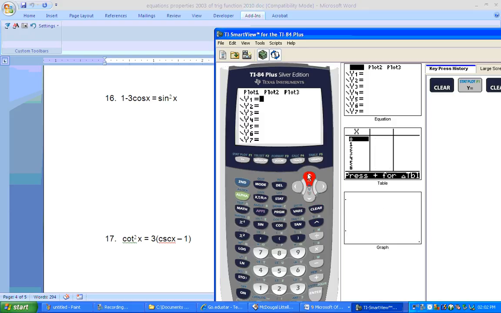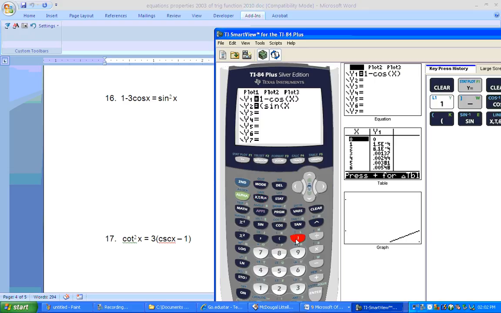If I was going to do it graphically, I can enter in one side of the equation, I can enter the other side of the equation.